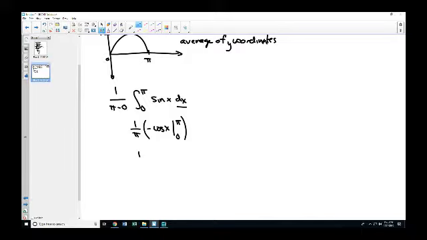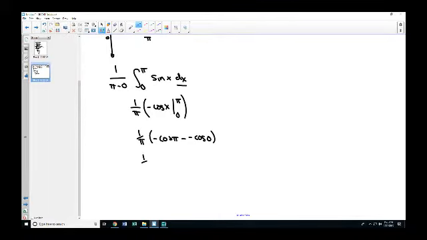And here goes the unit circle. What is cosine of pi? -1. The opposite of that is 1. Oh, what did I tell you?